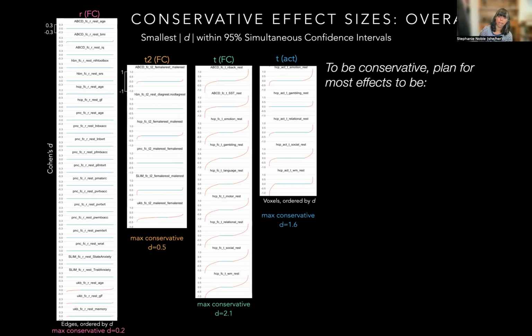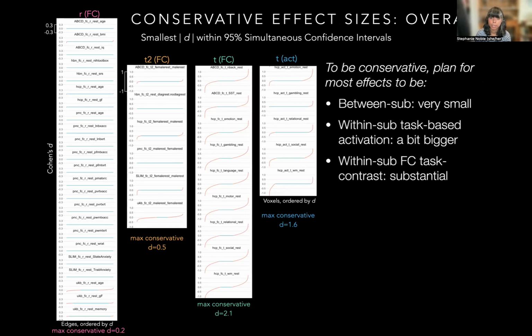So overall, based on these results and just looking at the conservative effect size estimates, to be most conservative, I would recommend planning for most effects to be very small between subject, maybe a bit bigger for task-based activation, to potentially much bigger. And then for functional connectivity, task-based contrasts within subject, you might see very substantial effects.